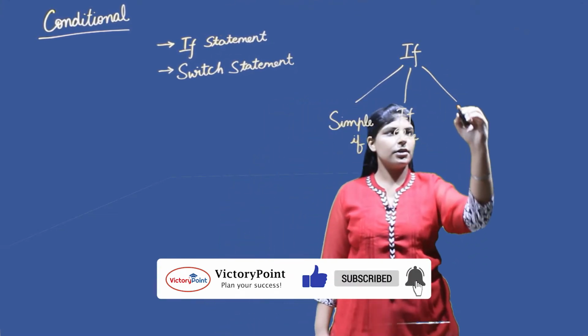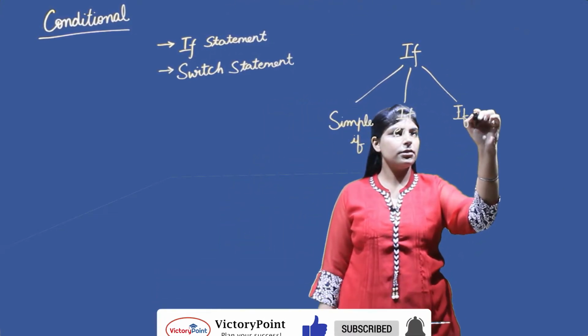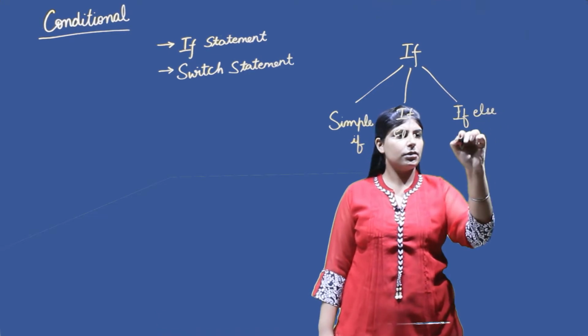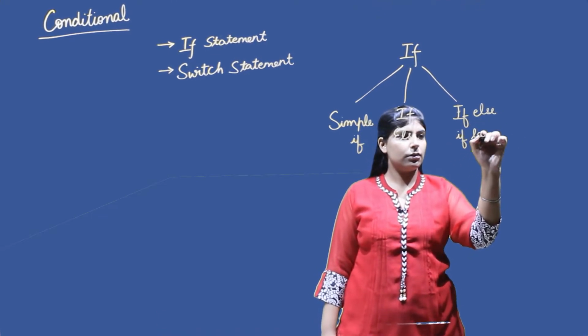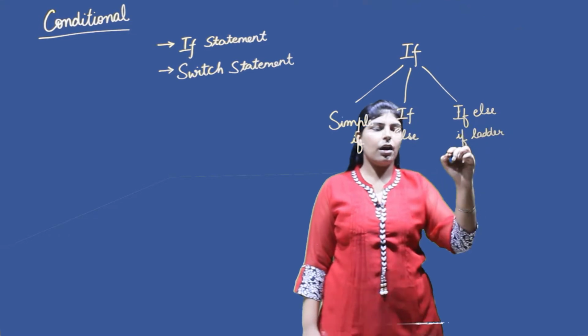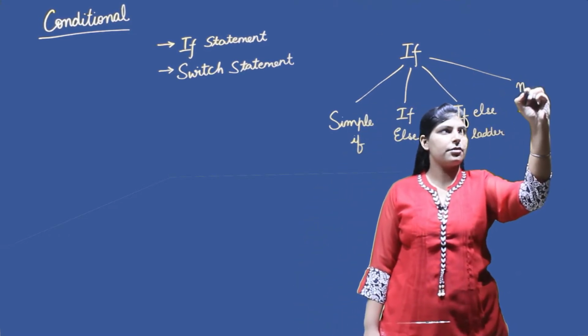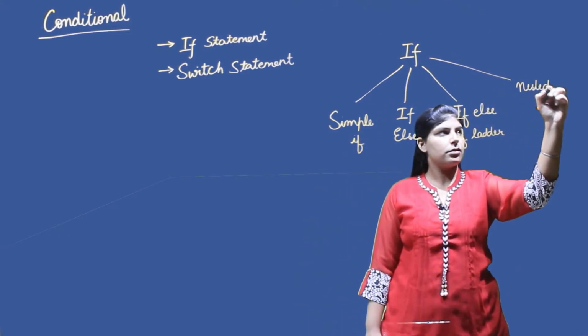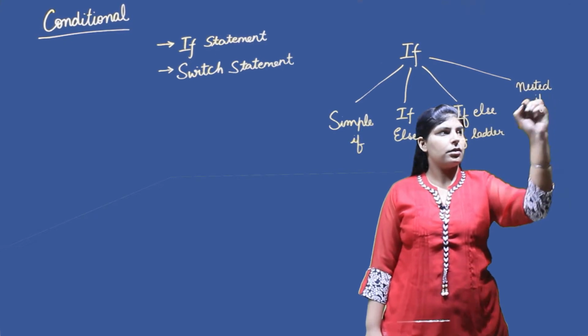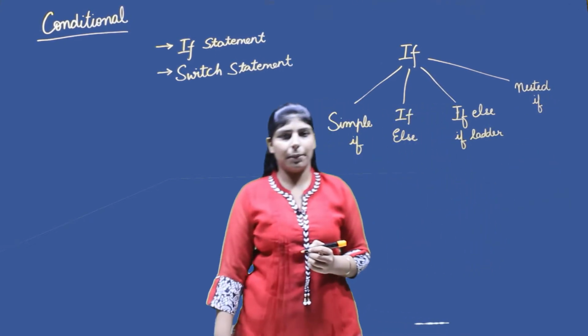Next we have if else if ladder. And last we have nested if. Let us see each of them one by one. Let us start with simple if statement.